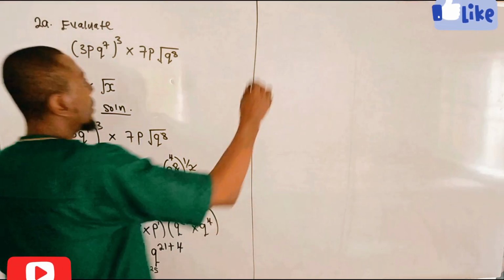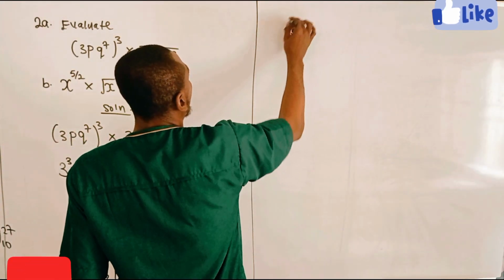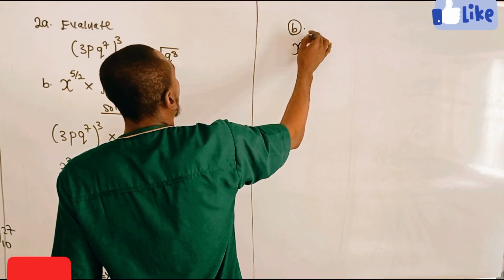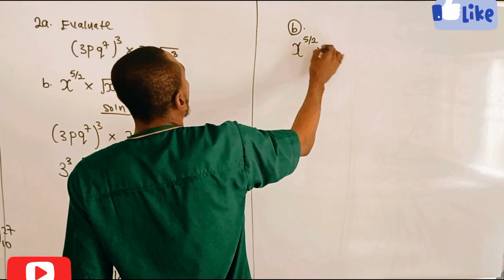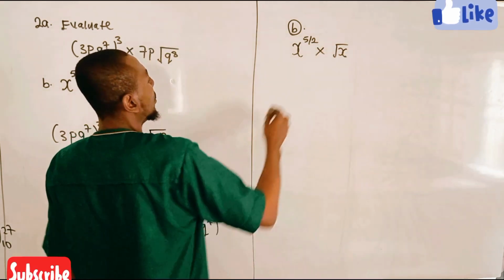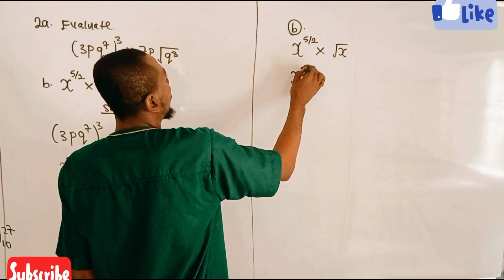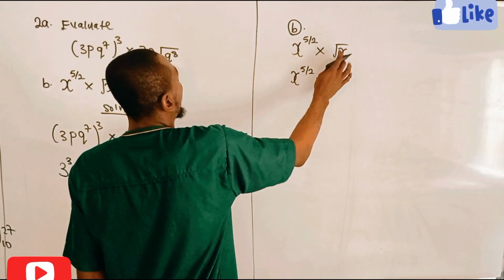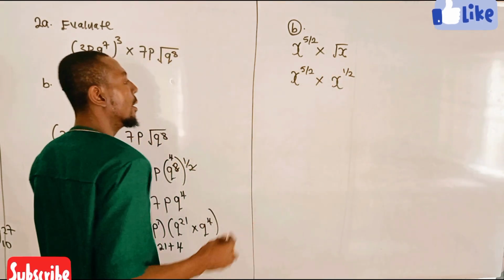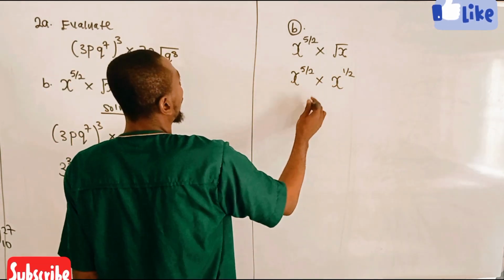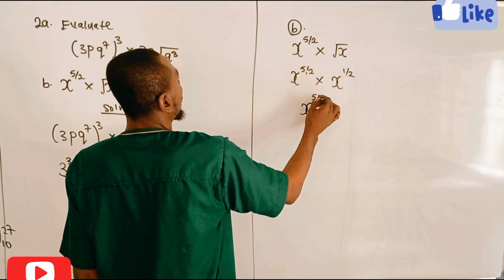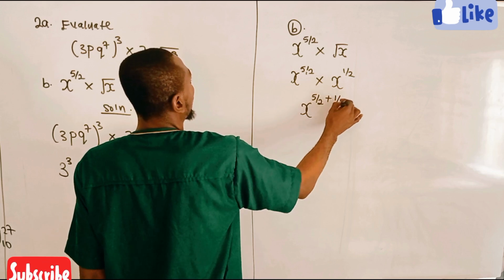Then the B part of the question says we should simplify x raised to the power 5/2 multiplied by square root of x. Okay, so we have x raised to the power 5/2 multiplied by square root of x, which means x raised to the power half. Since the bases are the same, we're going to take one of the base and we add up the powers, so we have 5/2 plus 1/2.